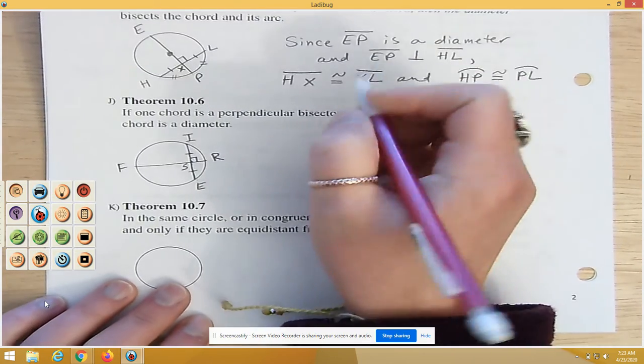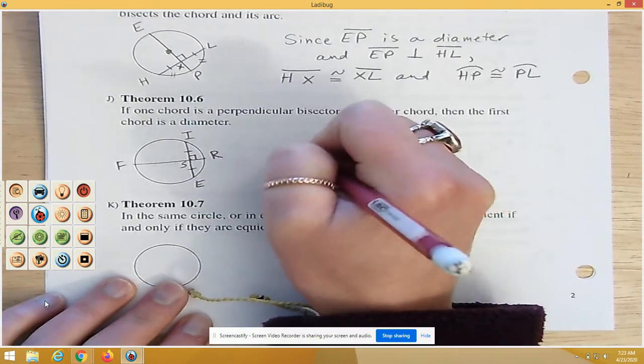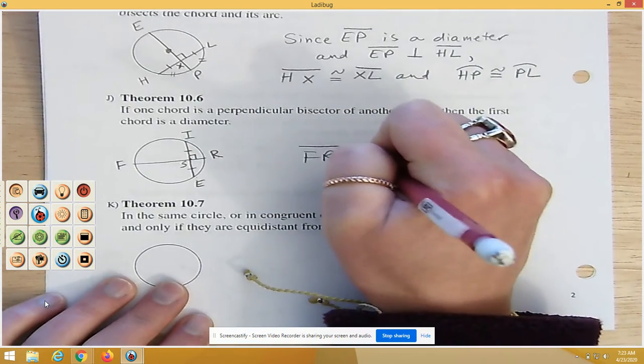Because of that, I know segment FR is a diameter.